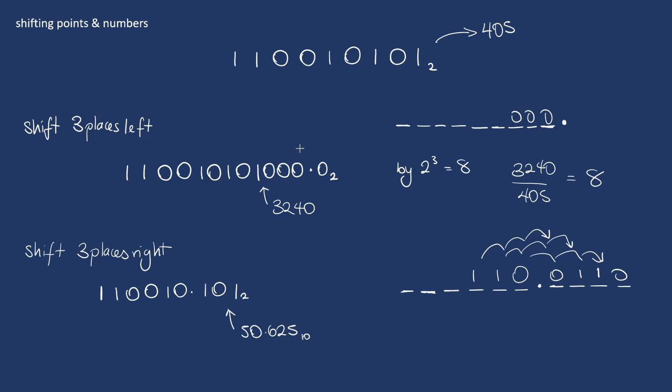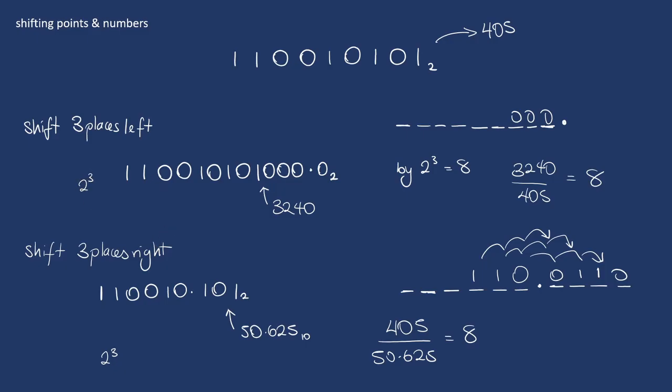And for those that are curious, 405 divided by 50.625 is exactly 8. So shifting the binary number 3 places right reduces the number by a factor of 2 to the 3. Shifting the number 3 places left increases the number by a factor of 2 to the 3.